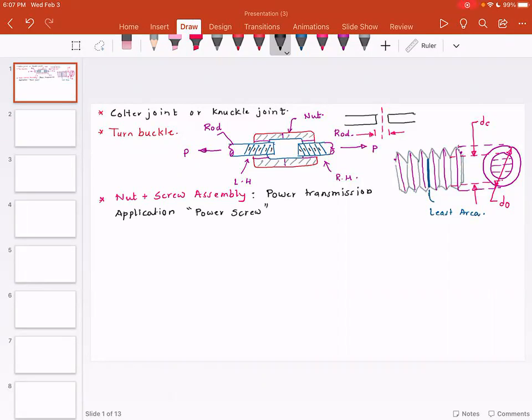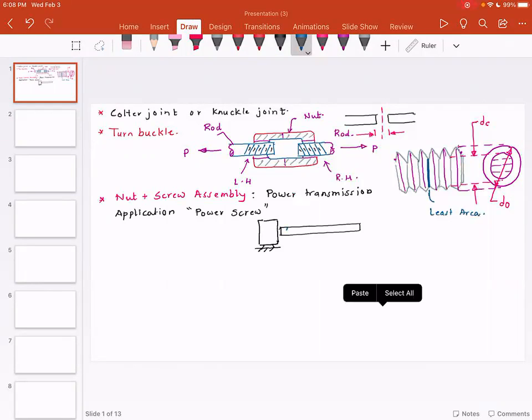Now you would see power screws in a lot of applications. A very simple application is if you look at the 3D printer, the 3D printer has typically 3 slides. They go X, Y, and Z direction. So you will have sort of a long screw, and you will have a stepper motor that will be attached at one end of the long screw.